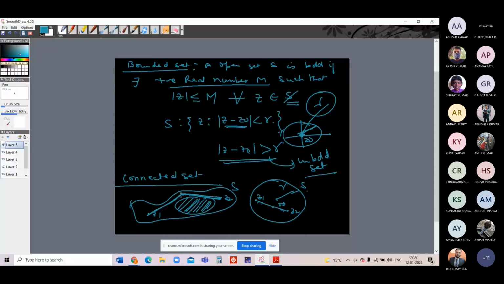So Z1 and Z2 इसको इस तरह से हमने ज्वाइन किया है. So this polygonal line totally lies inside this S, so this set S will again be a connected set.